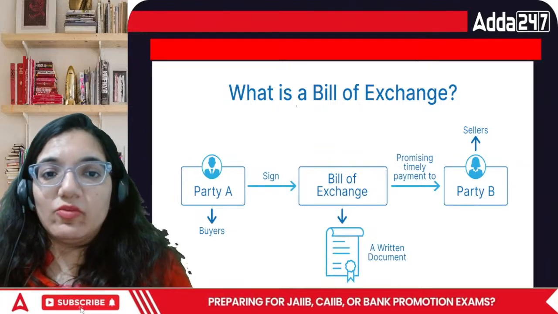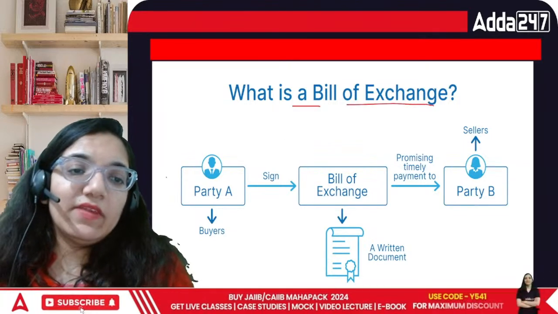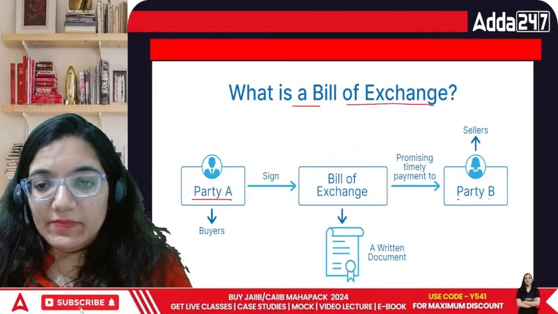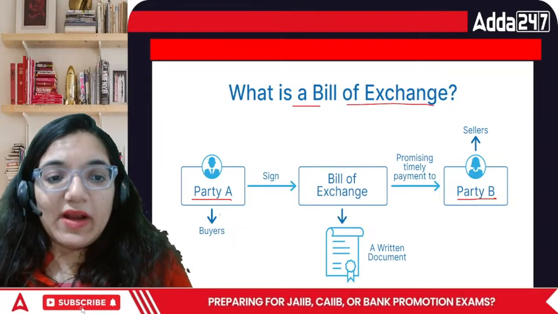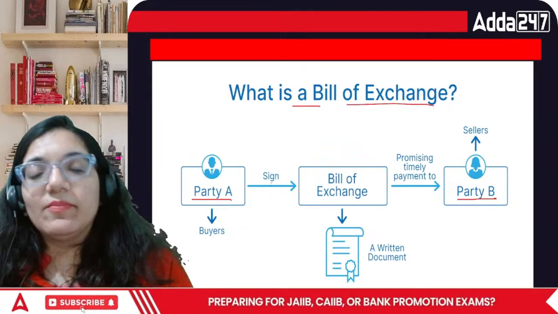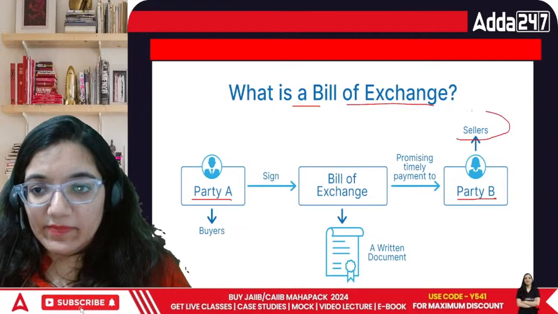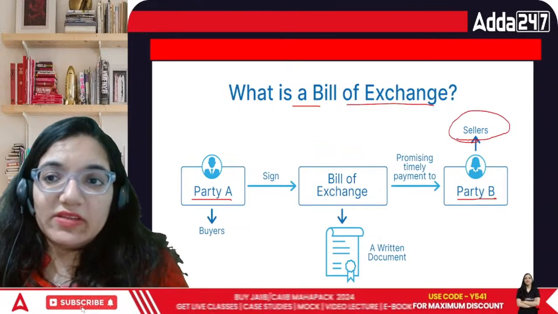Now comes the point, what is a bills of exchange? There are two parties, party A and party B. Party A is basically buying something from party B. Party B says, if you're buying something, then give me a proof.